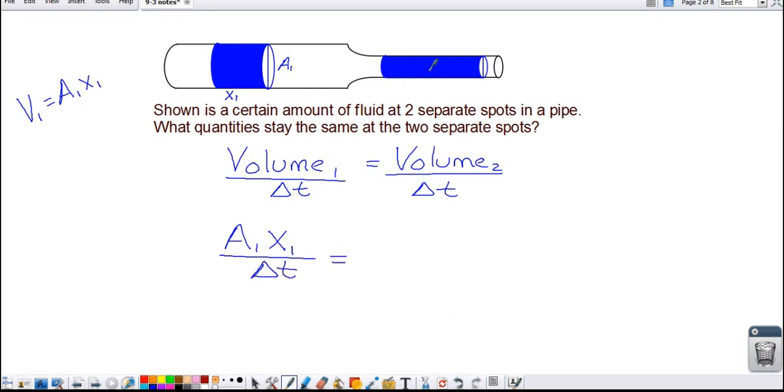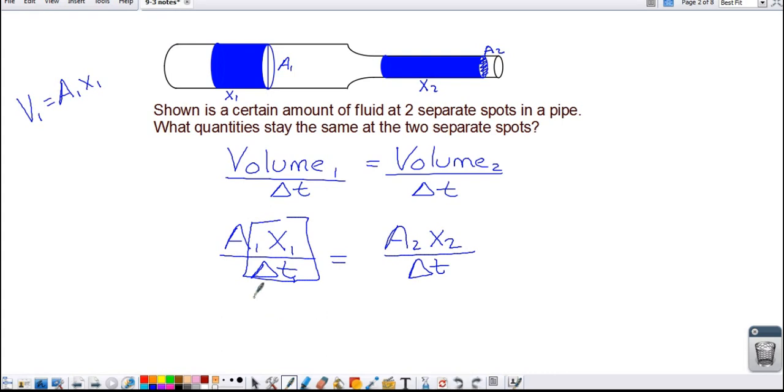Similarly, this is a cylindrical shape as well, so to find its volume, you have the cross-sectional area 2 times the length of 2. So I've got cross-sectional area 2 times length 2, and I'm still going to have that divided by the time. Now, when I look at this equation, we've had a distance divided by a time before. We call that its speed.